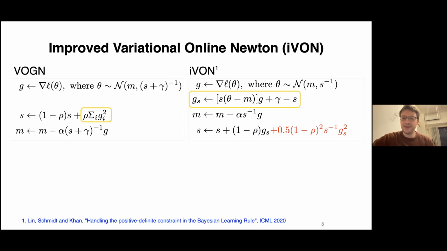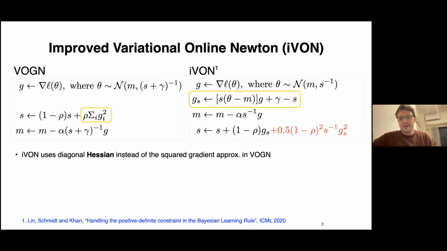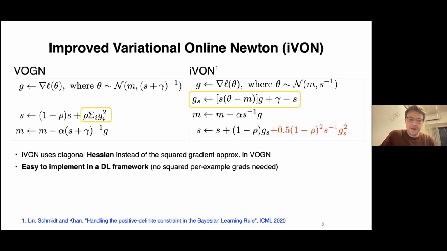And this allows a very efficient implementation because we don't have to do these per-example squared gradients anymore. We also expect it to perform better because we now use the diagonal Hessian instead of a squared gradient approximation, which is more faithful to the exact thing that we would want for our Gaussian variational family.